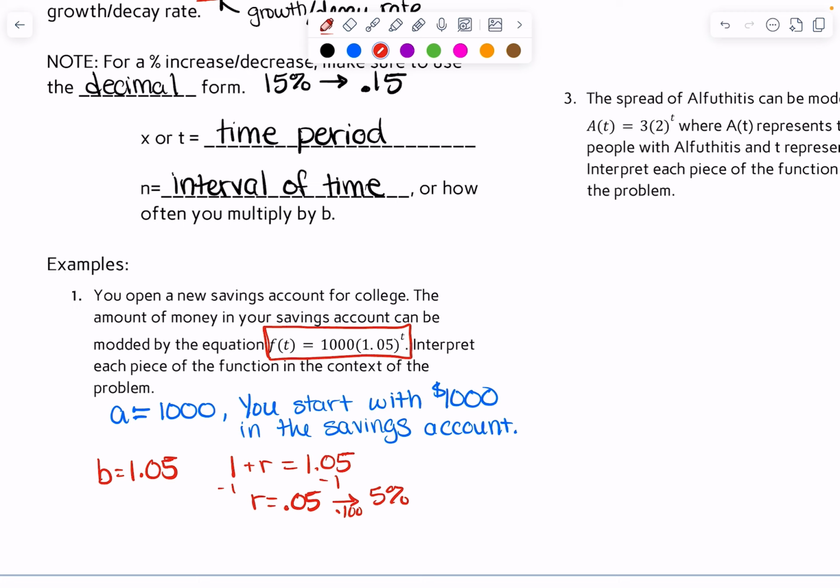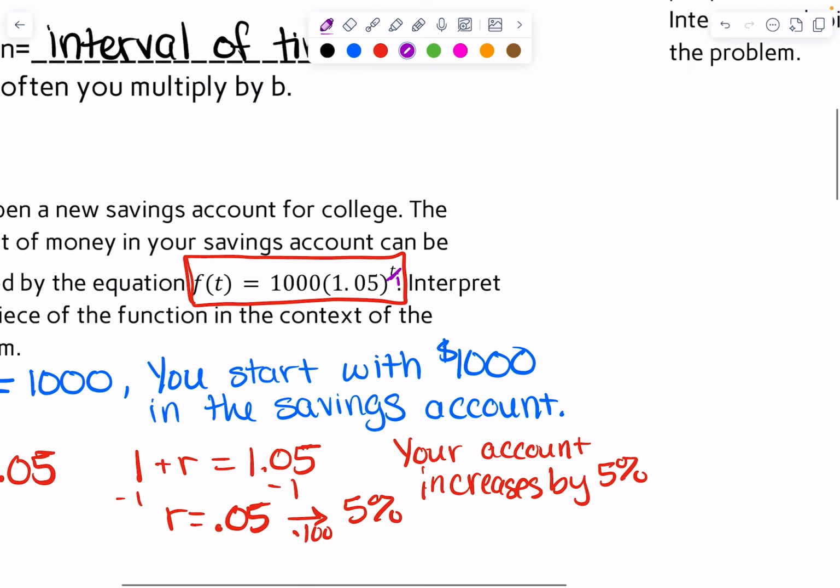5%. So that means that your account increases by 5%. And then the T is, since I don't see it there, the T is being divided by 1, right?